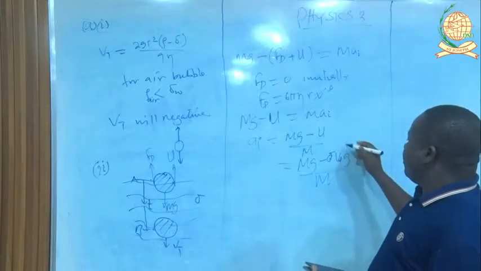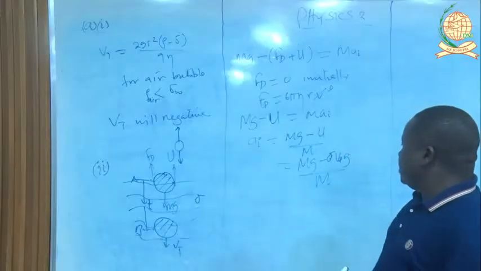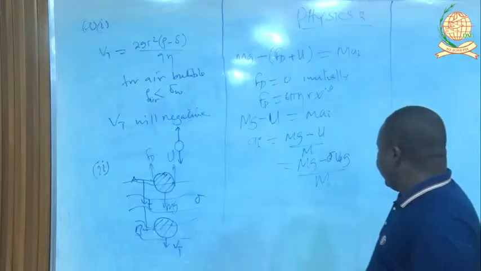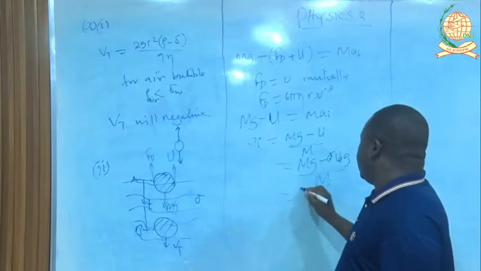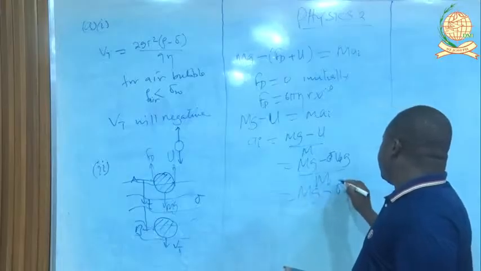But the volume of fluid displaced is almost equal to the volume of the immersed body, which is a sphere. So this is equal to mass times g minus density.